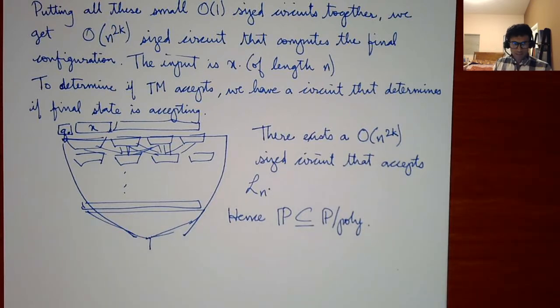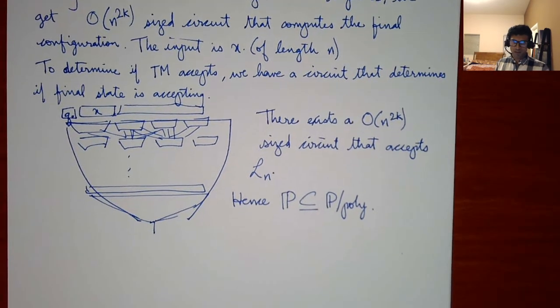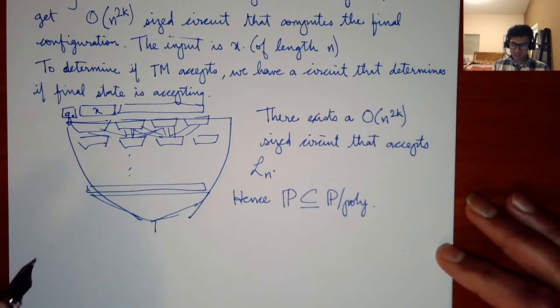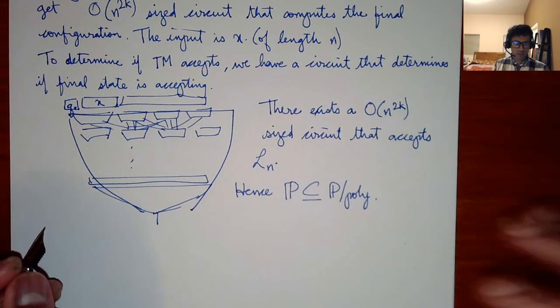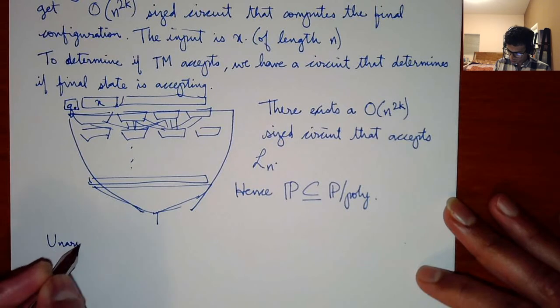Now, to show that P is a strict subset of P/poly, I can give you a simple construction that shows that P/poly contains undecidable languages. And obviously, P does not contain any undecidable language. A very simple language that is contained in P/poly, which is undecidable, is what I'll call unary halt.